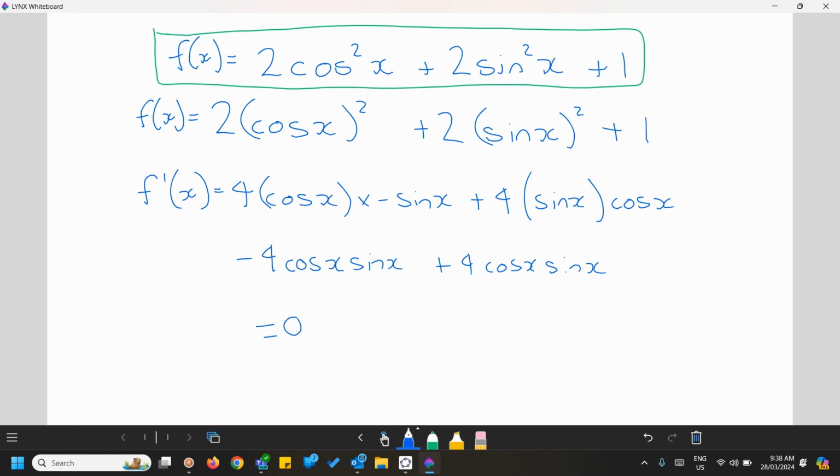All right, so why is that the case? I'll just make a little bit of room down here so I don't need to go to a new page. If we go back to our top function and factorise the first half by taking out the 2, I would have 2 bracket cos squared x plus sine squared x, plus 1.